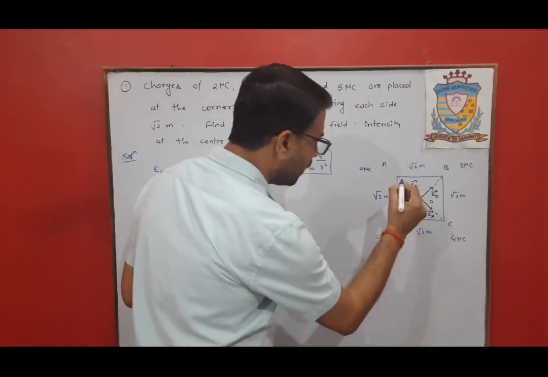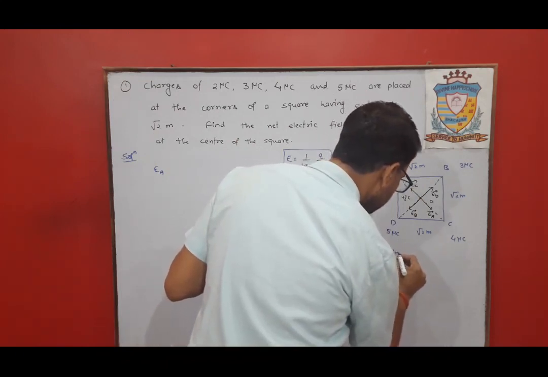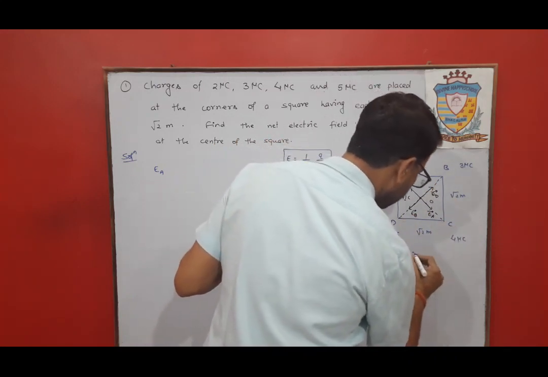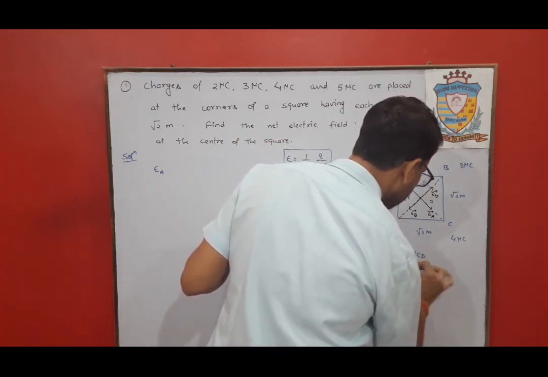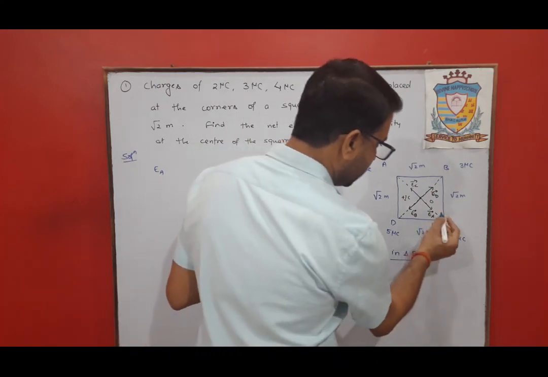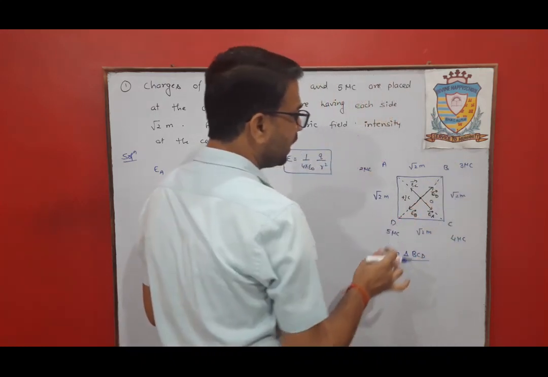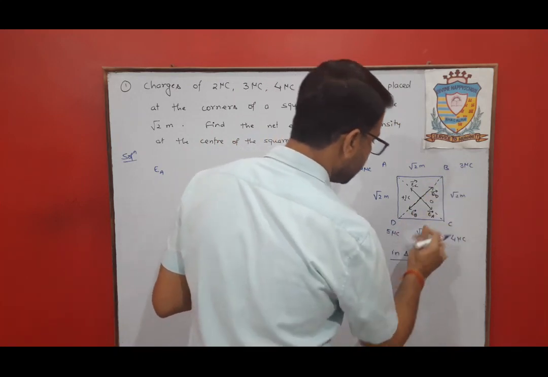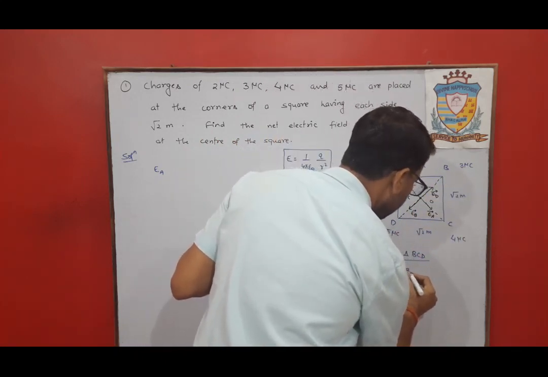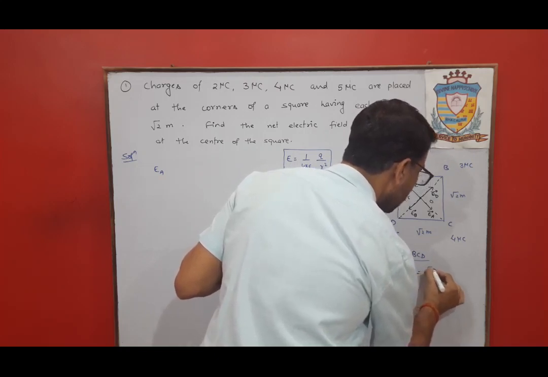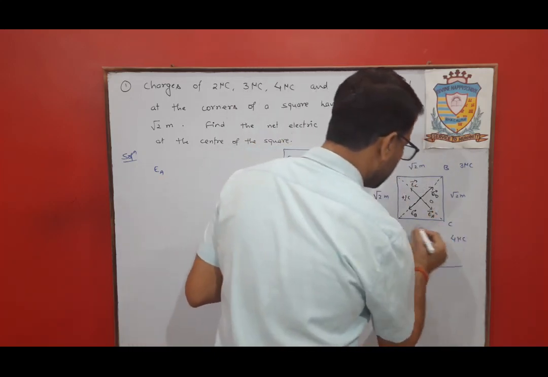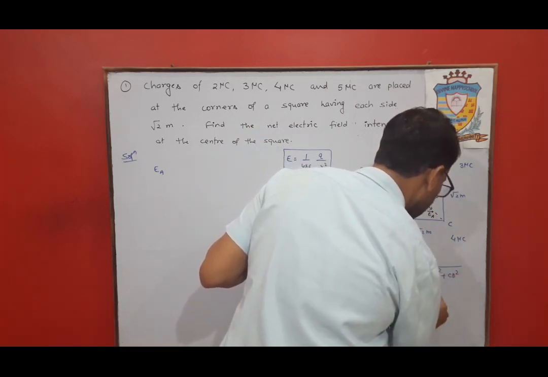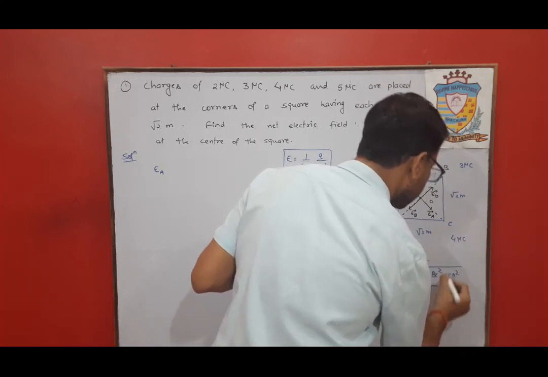In right angle triangle BCD, this angle is 90 degrees. So BD is the hypotenuse, this is the perpendicular and this is the base. We know that BD hypotenuse is equal to the square root of BC square plus CD square. The value of BC is under root 2.